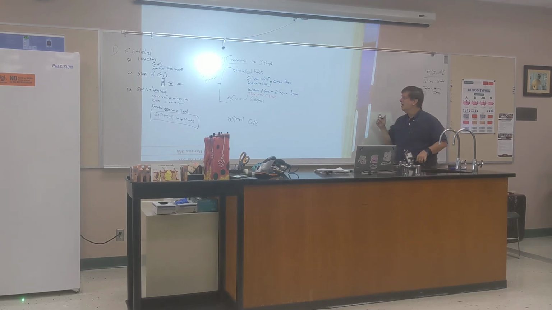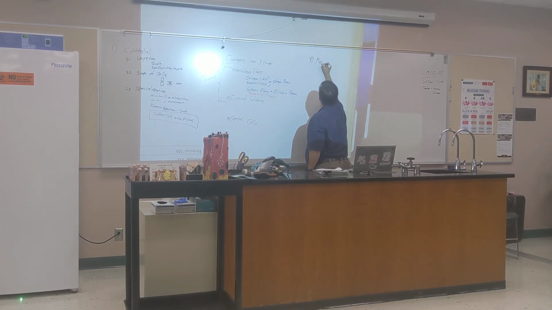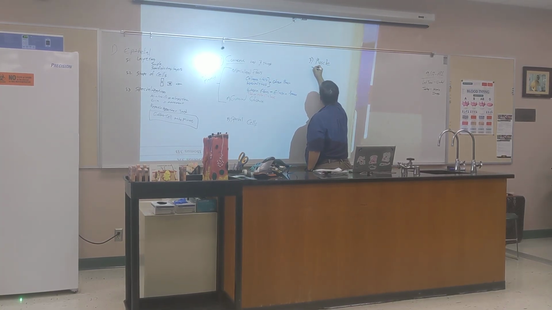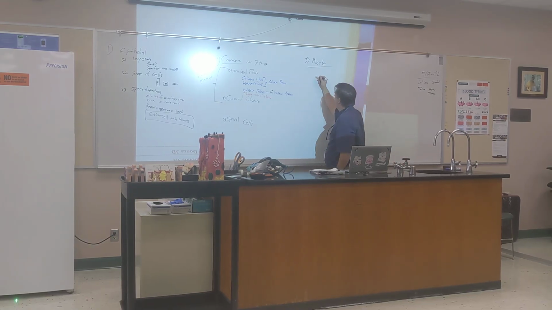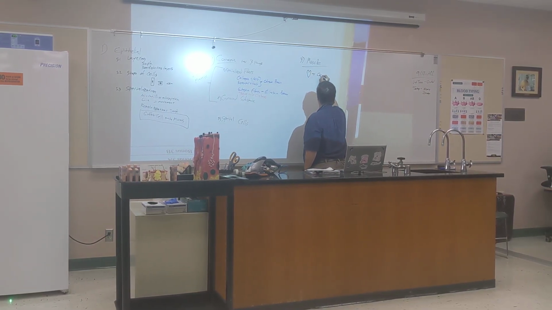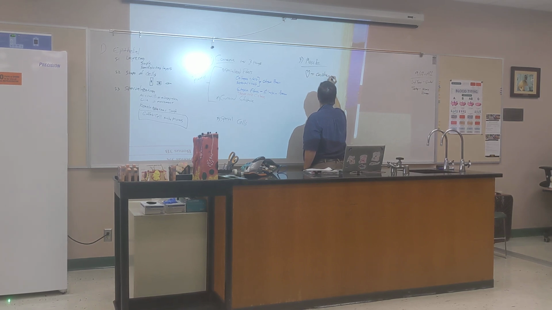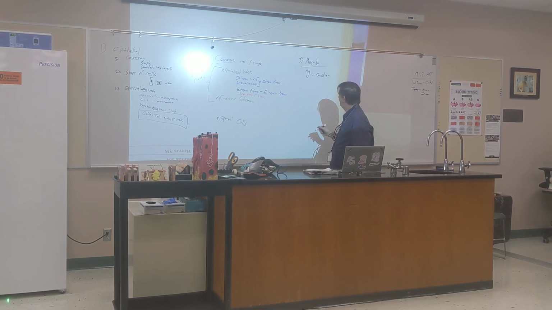Good? All right. So the next one, number 3, we've got muscle. And you already know this, but we got 3 types of muscle. In the heart, we have cardiac muscle. And that is involuntary. You cannot control that. All right?